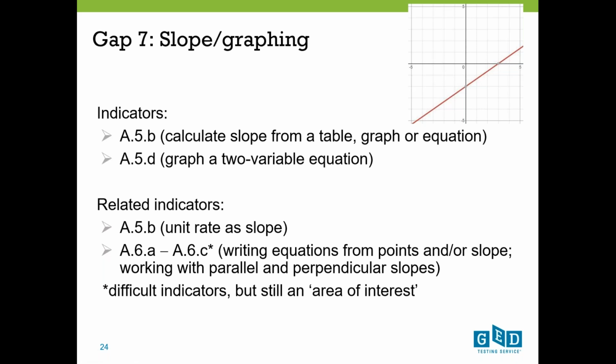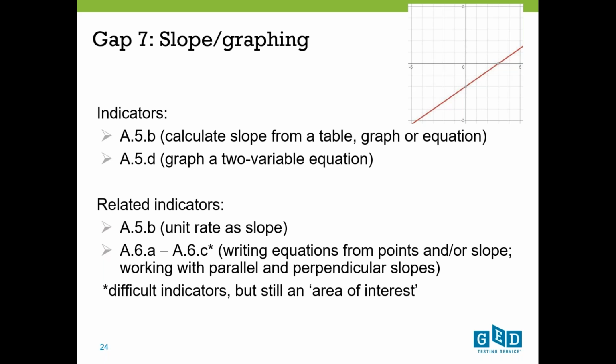Okay, slope and graphing are gap 7. And you can make an argument that these are really two different things, and you'd have a valid argument, but they're so closely tied together and related on the GED test. And they're both areas of concern that they've been grouped together here.